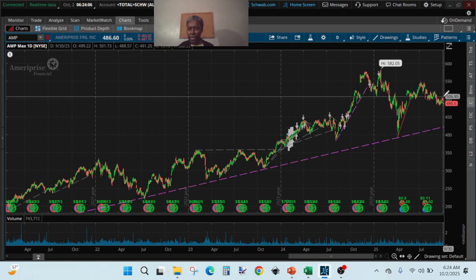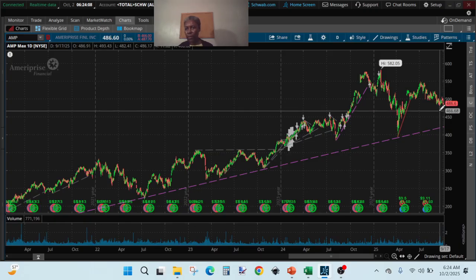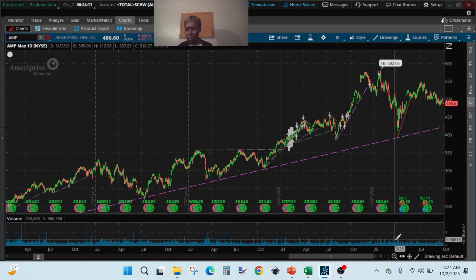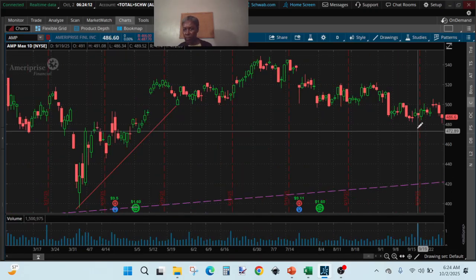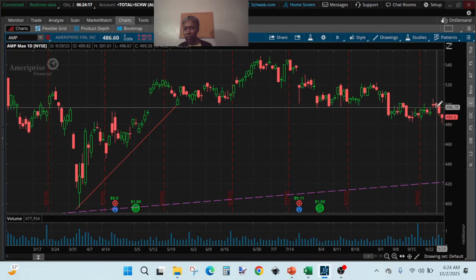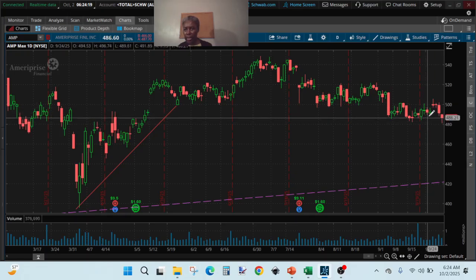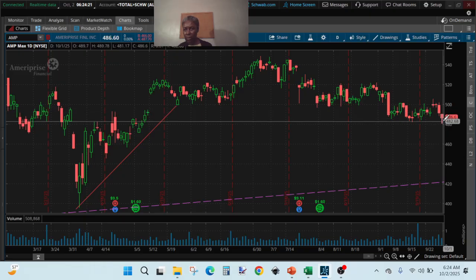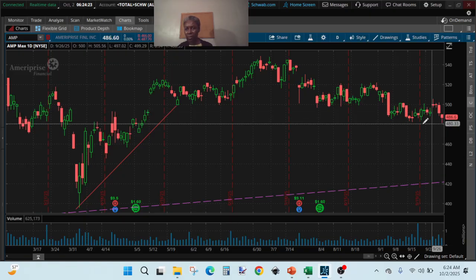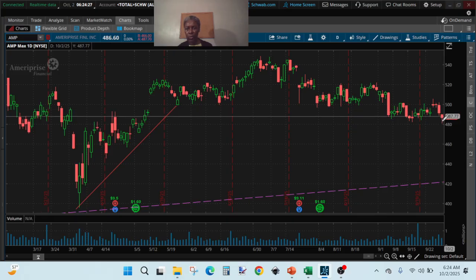Right now it is going down. You don't really have an uptrend here. You have a little bit here, but then it's going down. To buy, you want to see a few higher lows there, even if that's two or three.